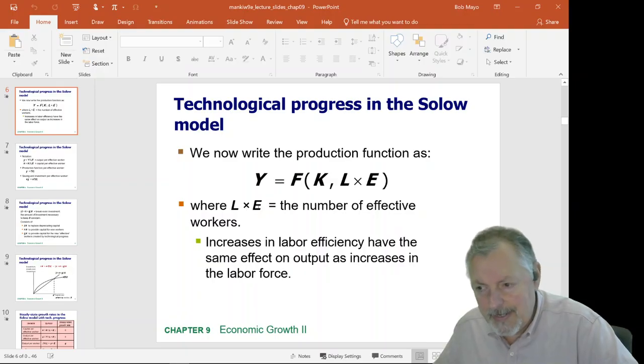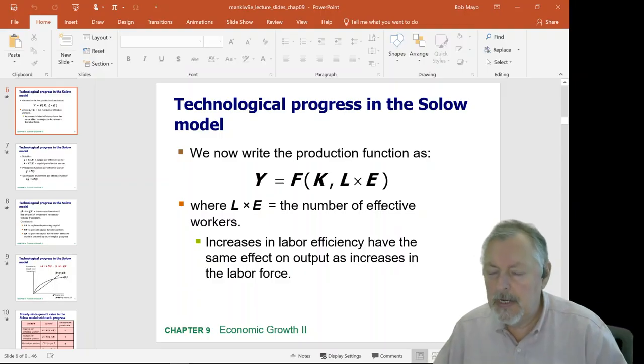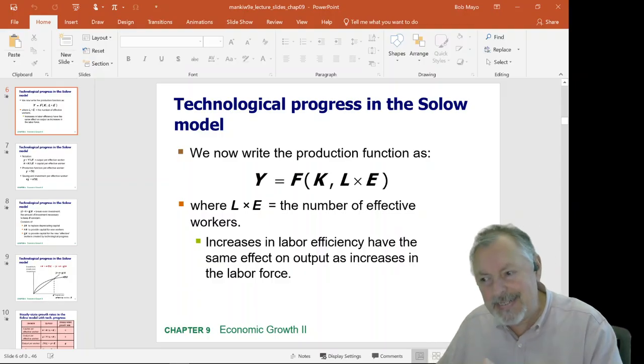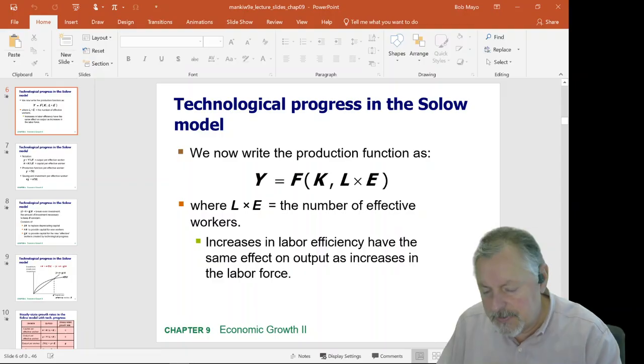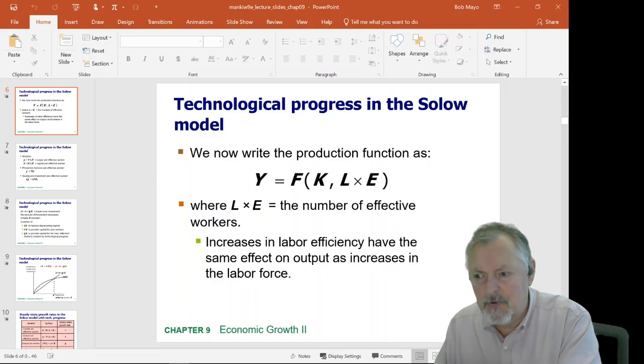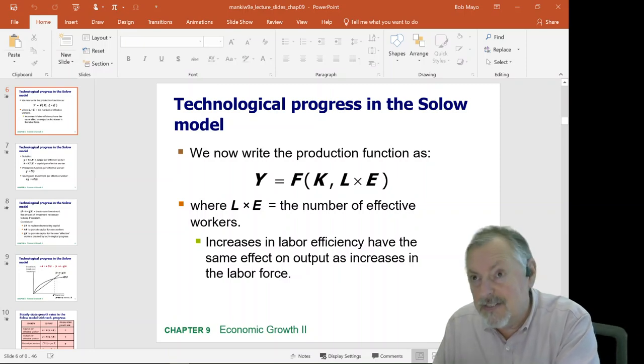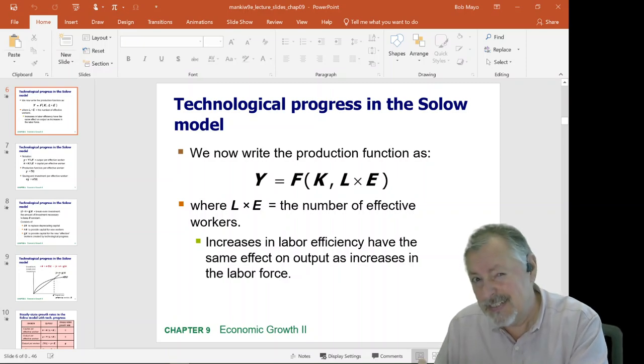So L times E becomes what we call the number of effective workers. This is the bit that students sometimes have trouble with. We're not dividing by number of bodies. We're dividing by, in a sense, quality adjusted bodies.